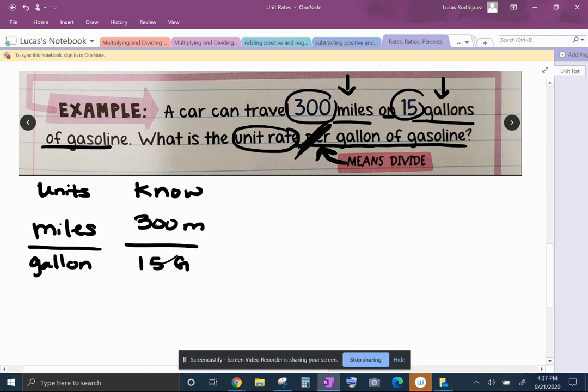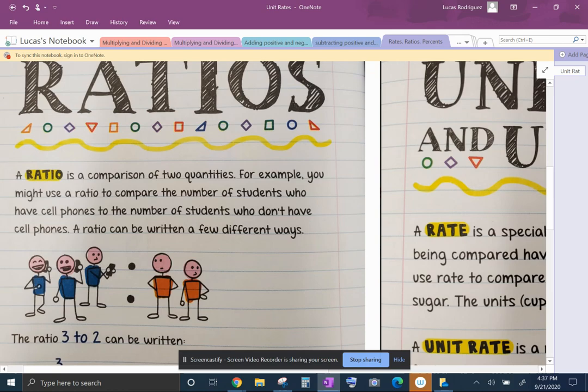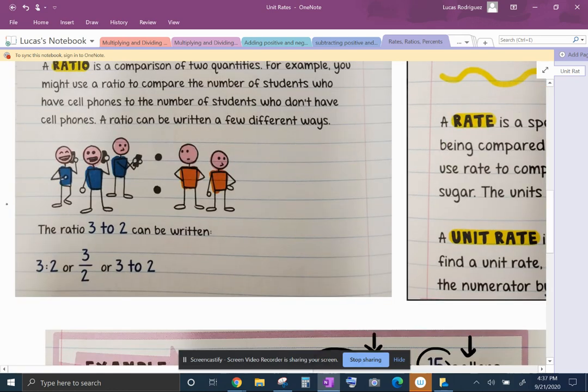Now, the reason why I wrote it as a fraction is because this is a rate, which is a specific type of ratio. And as you can remember here, we can write ratios as fractions.